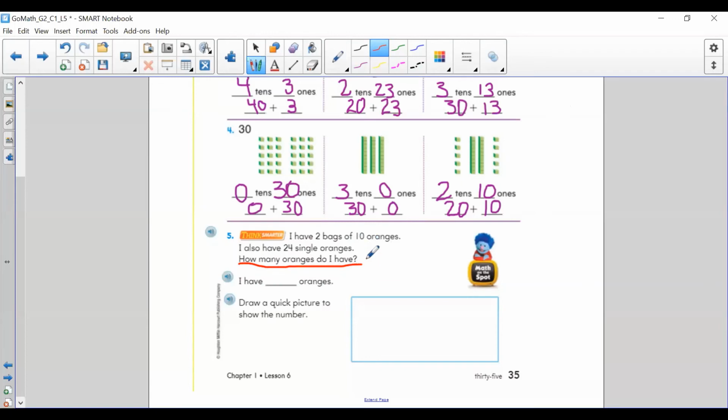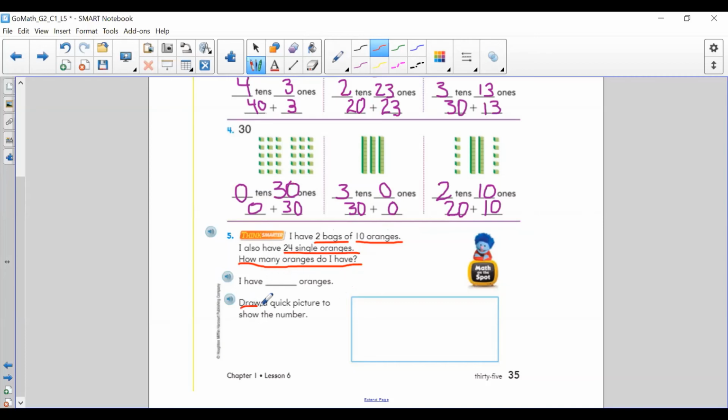We should always know what our question is, and then find out what information we have in order to answer that question. We have 2 bags of 10 oranges, but we also have 24 single oranges. I wonder how we can figure out the total number of oranges.